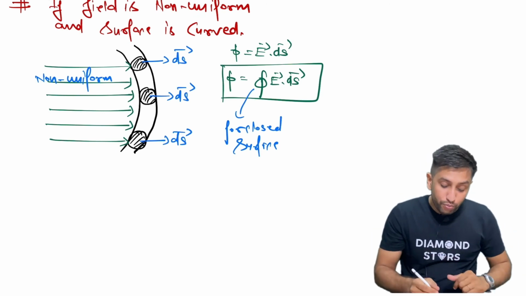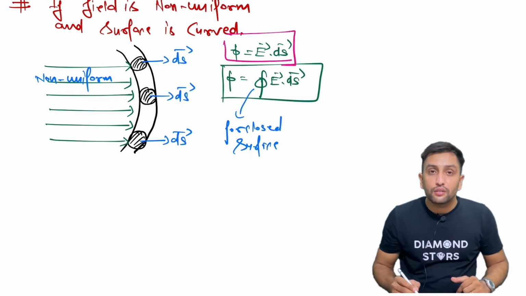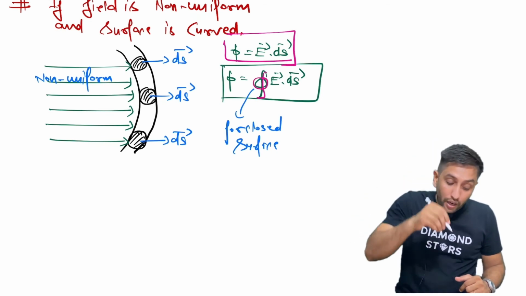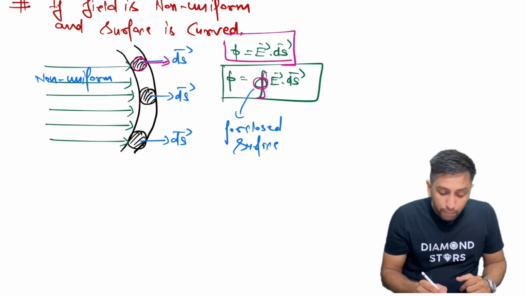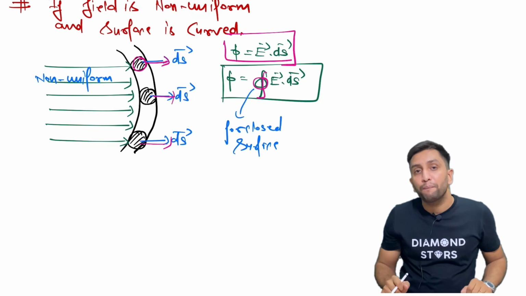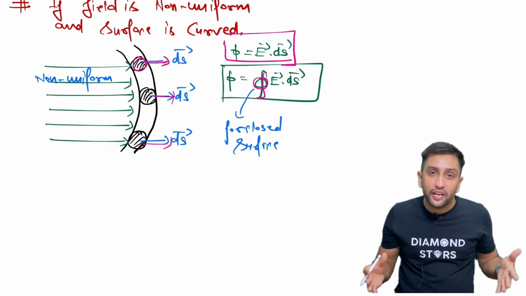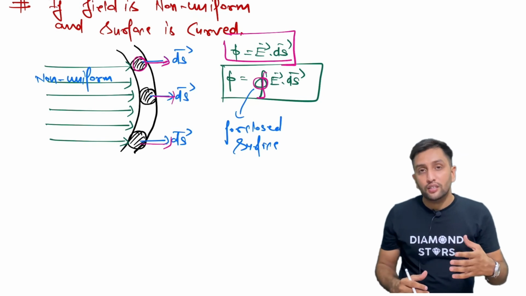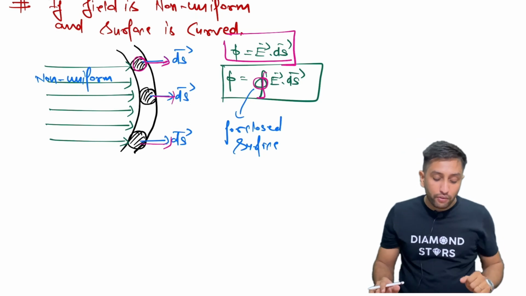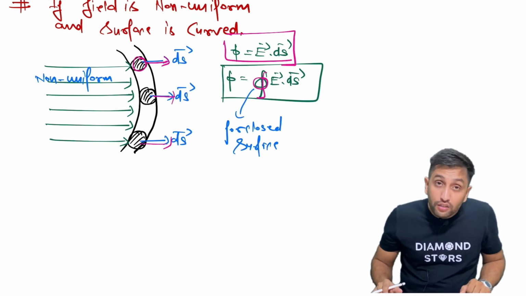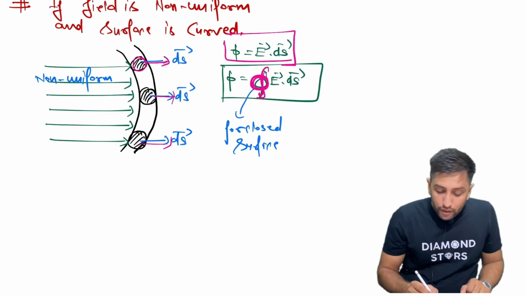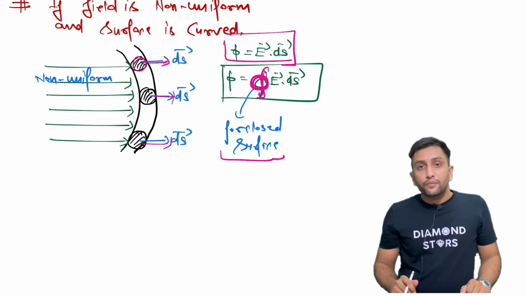So in that case, when you put the formula phi is E dot ds, you have to integrate over the whole closed surface. I have represented here that in this part, this part, this part, you have to integrate all of them, and then you will get the flux. Integration simply means you are adding in a way, and flux is a scalar quantity, which means it can be added directly. Then for the whole closed surface the flux will be given as the integration of the flux over the closed surface, and this integration sign means it is for the closed surface.